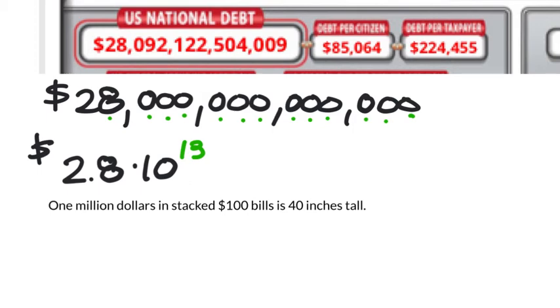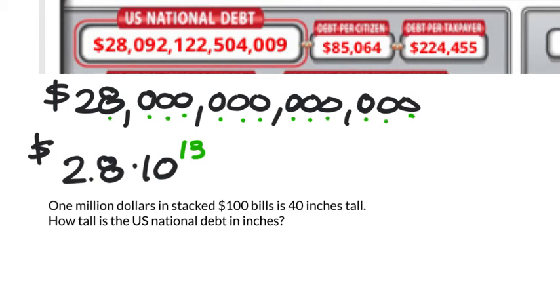Okay. Now, what we're gonna do is we're gonna see how tall is the U.S. national debt in inches. All right. I don't even want to know. What I'm going to do is figure out how many millions there are in that many trillions.